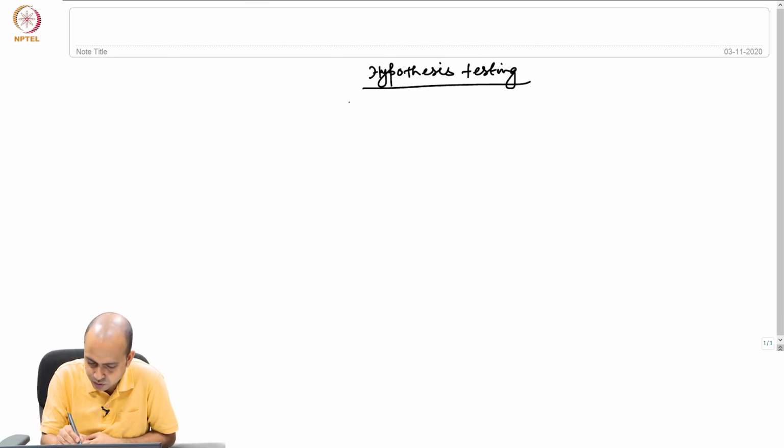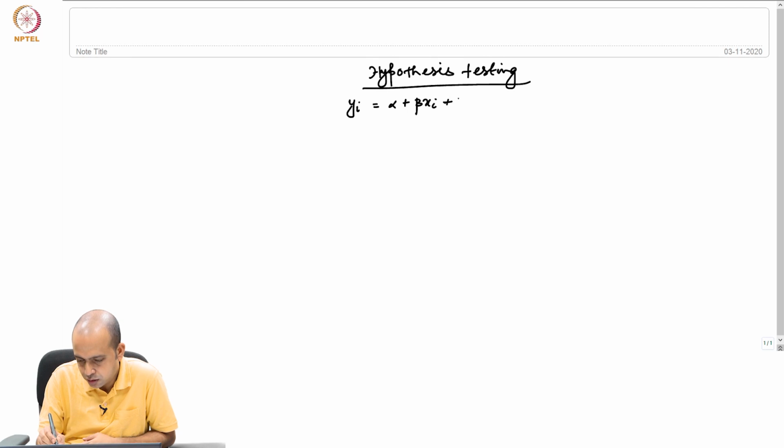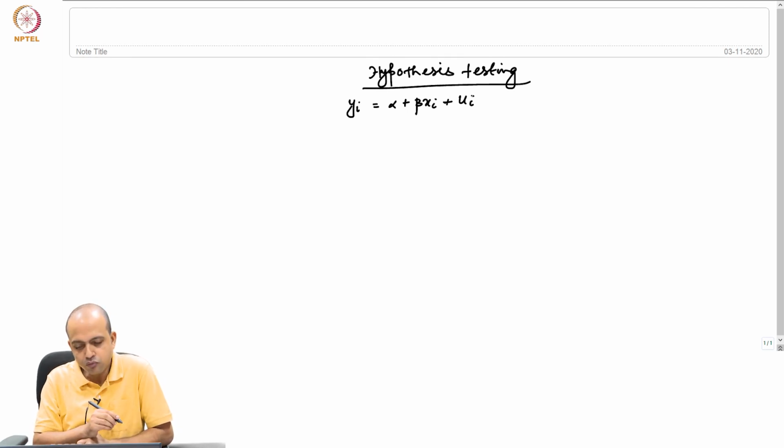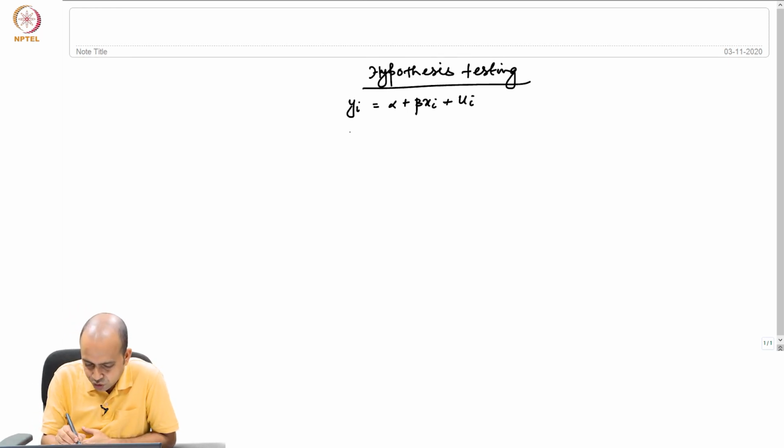Let us say that this is our model: y i equals alpha plus beta x i plus u i. When you estimate the model, your estimated model is y i hat equals 0.50 plus 0.75 x i.